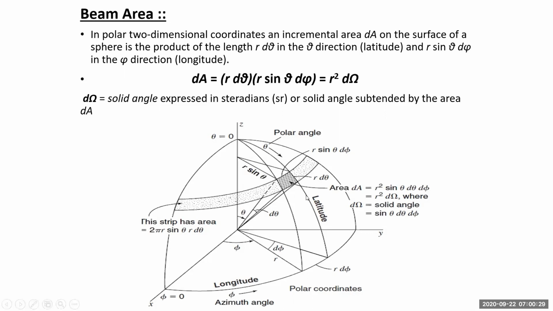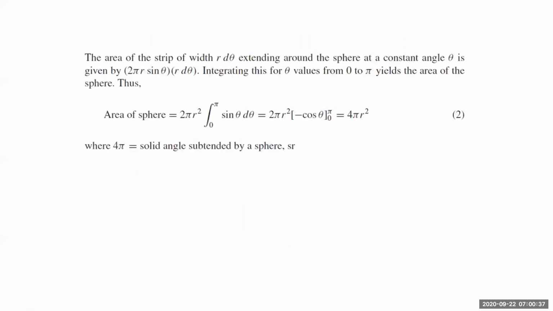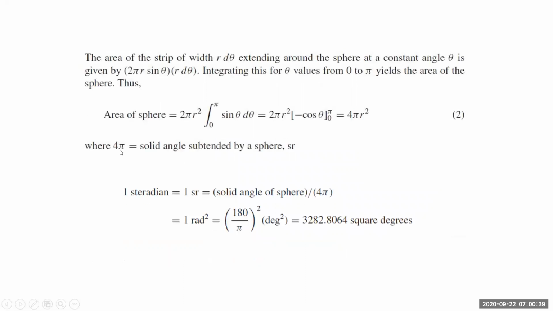These are the two components. The product of these two things is the beam area. So we know the area of the sphere is a standard formula, 4 pi r square.